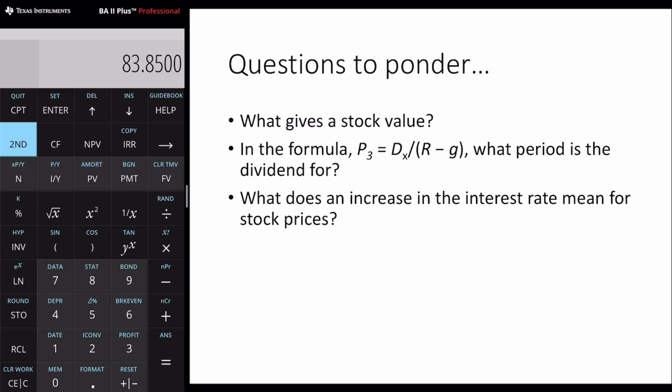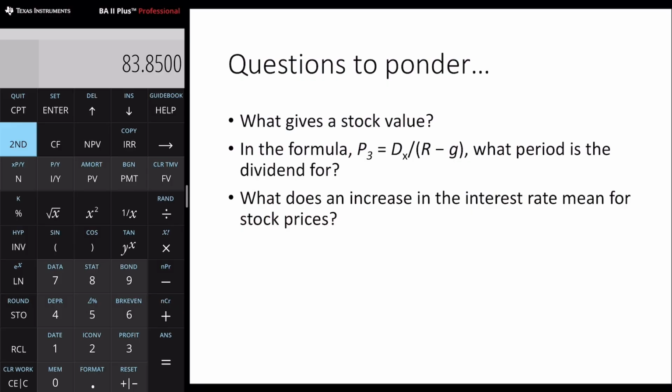It comes from dividends. So that's why we've approached this in a way that we assume that we're going to be holding the stock forever. And so therefore the return comes in the form of cash flows accruing to us, which are dividends. So what gives the stock value? Future cash flows.